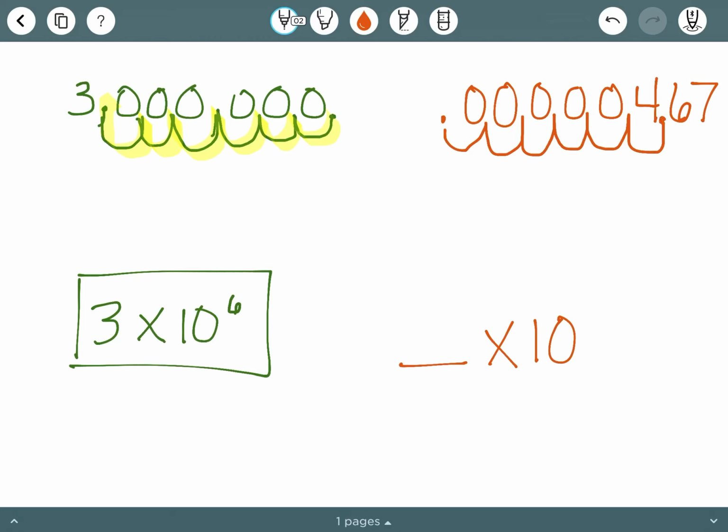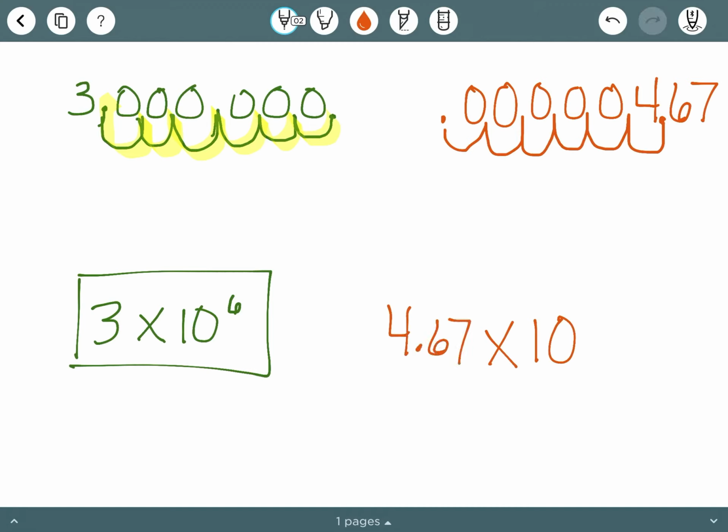So what if we stopped it right here? That would give us 4.67. Well, it's greater than 1 and it's less than 10, so we're good. Now we want to make sure with that leading digit that we include that 6 and 7 as well. So it is 4.67.